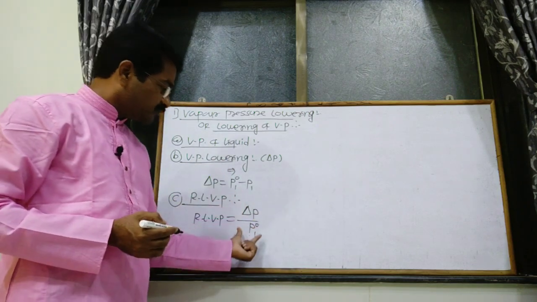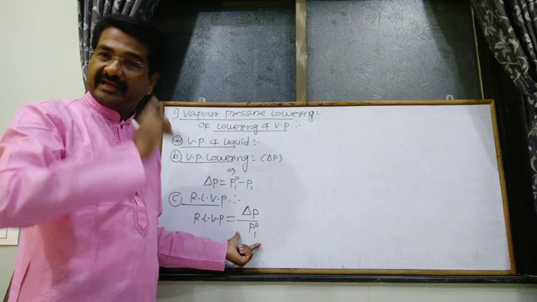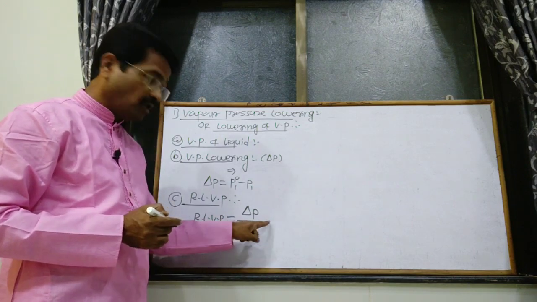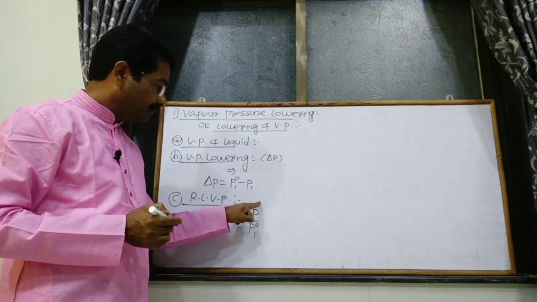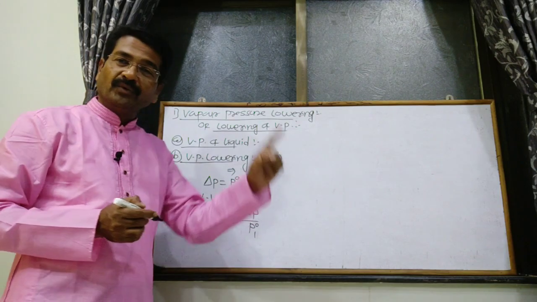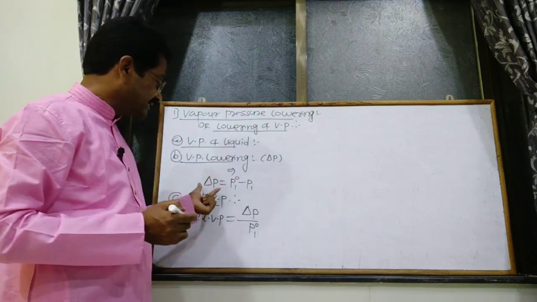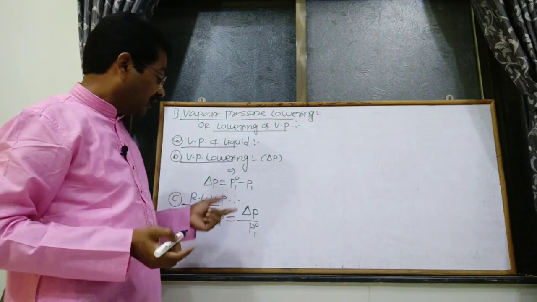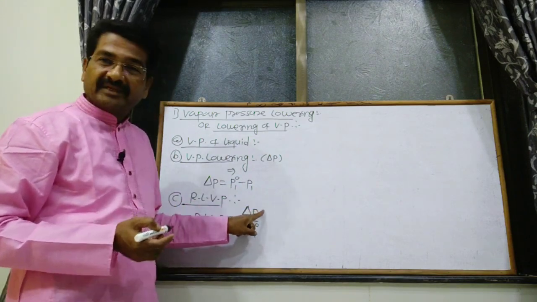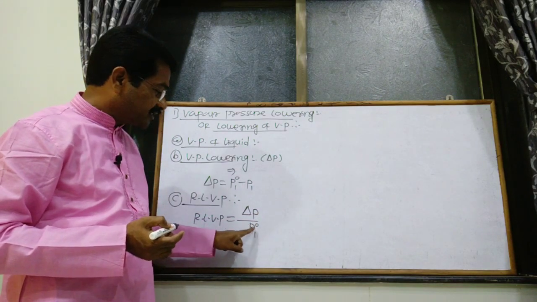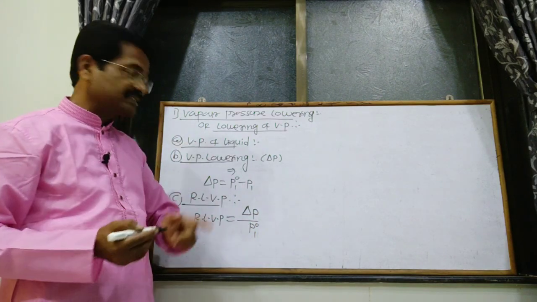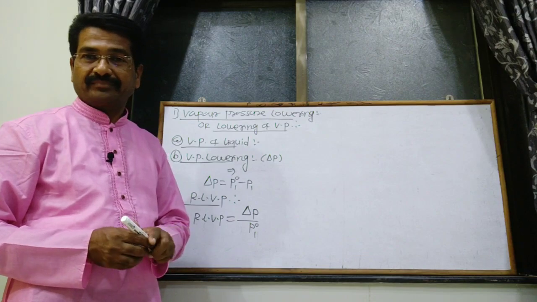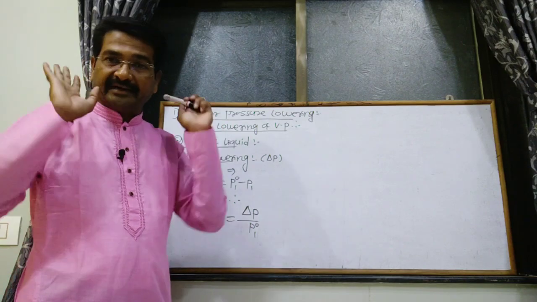Depending upon this formula, we can define the ratio of lowering of vapor pressure to the vapor pressure of pure solvent as RLVP. This is one way of defining it. The other way, the lowering of vapor pressure divided by vapor pressure of pure solvent is called RLVP. Up to this point, we studied.